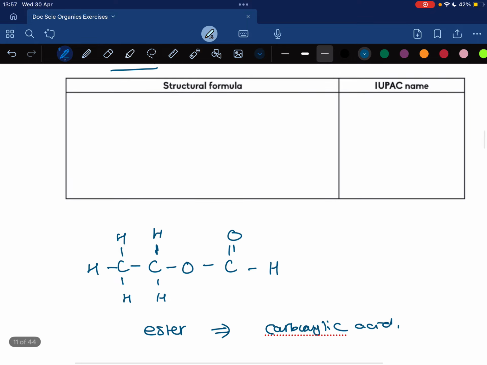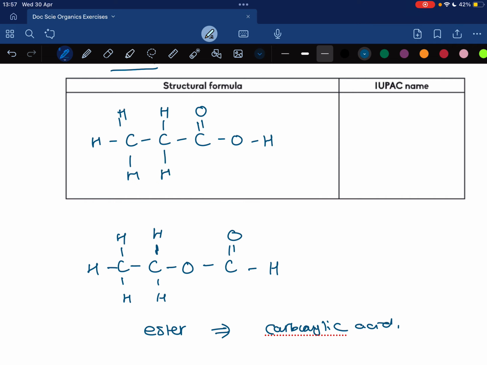If there are 3 carbons, then you must have 3 carbons in your carboxylic acid as well. Notice that you can count 6 hydrogens on each. So you will just have propanoic acid.